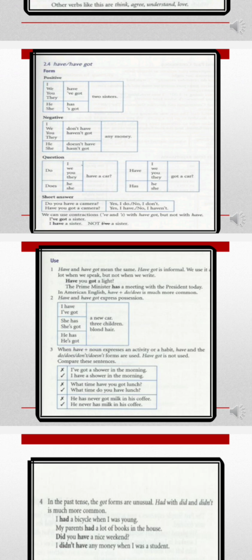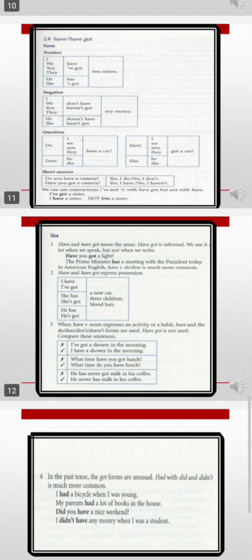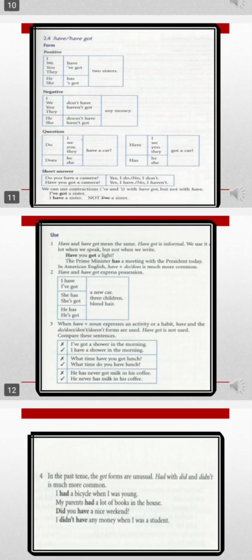In short answers, for example, do you have a camera? Yes, I do. Or, no, I don't. Have you got a camera? Yes, I have. Or, no, I haven't.